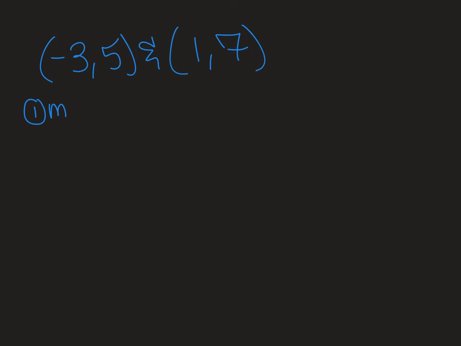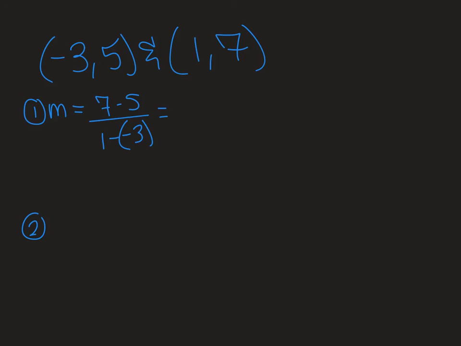I'm going to go through one more like that one. So this time, let's just say it's passing through (-3, 5) and (1, 7). So again, we first have to find our slope, and then we can figure out the equation of the line. So we're going to do 7 minus 5 over 1 minus -3.